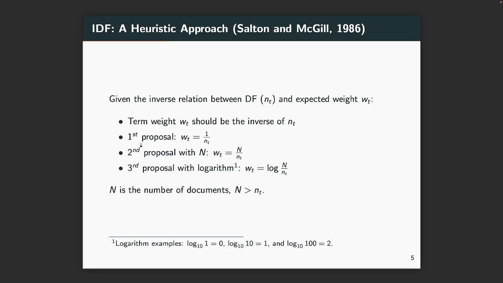The problem here is that, think about if you are doing information retrieval or text mining on the web, right? NT can be very large. Think about how many documents contain the term "the." It's almost every document on the web, so that can be trillions of documents. 1 divided by a trillion is a very small number.